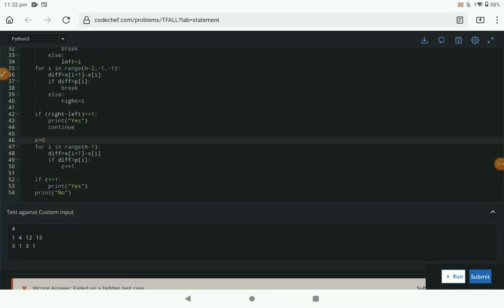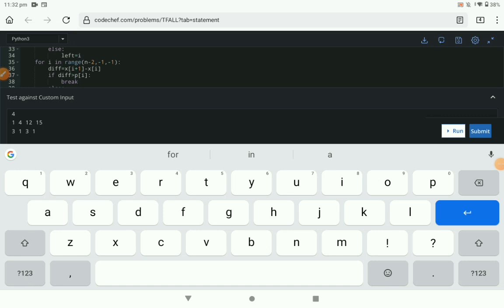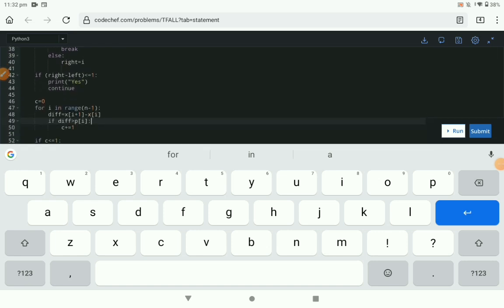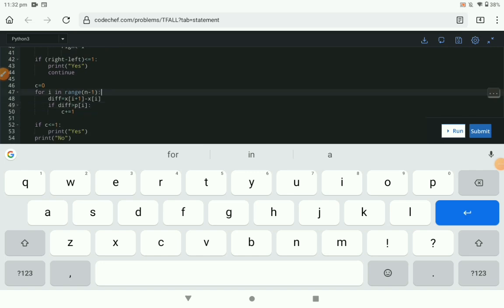Basically we have lost on one hidden test case. Okay, I need to add one additional statement to it. We have just forgotten a single statement and nothing else.